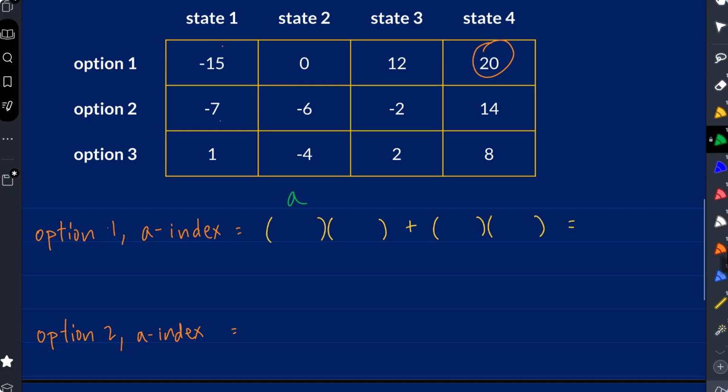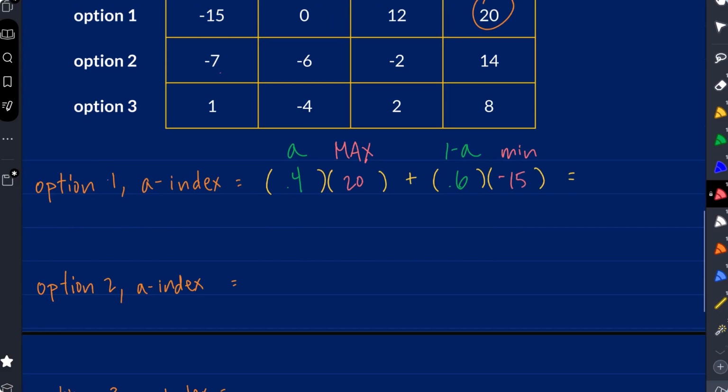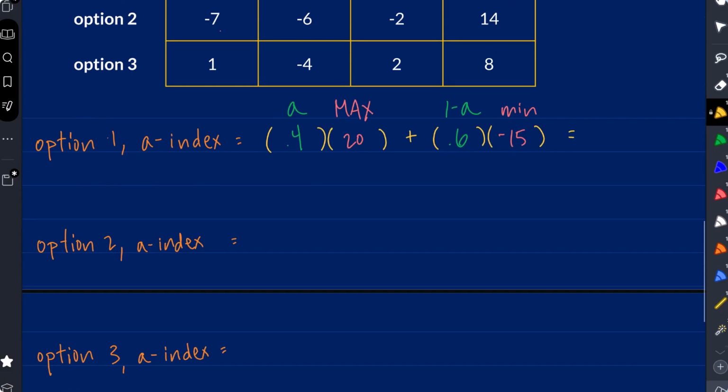Right here, we're going to put A, whatever it is, and over here, we're going to put 1 minus A. So for me, that's 0.4, and then 1 minus A is going to be 0.6. And then right here, we want to put the max outcome, the highest valued outcome for option 1. So that's going to be 20. And here we want the minimum valued outcome for option 1, which is negative 15. Okay, and then the same for the other two options.